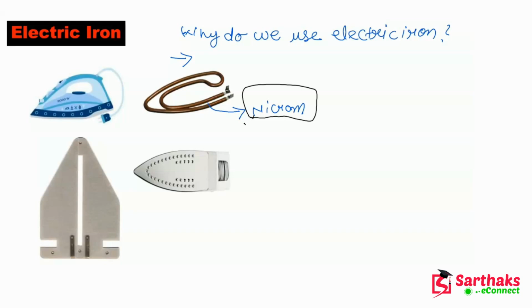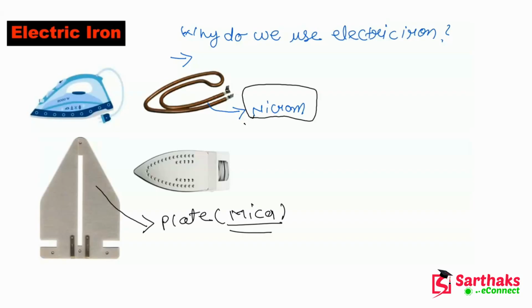Now, this is a plate, and it is made up of mica. What is the property of mica? Mica is a material which lets heat pass across it, but stops current from passing across it.